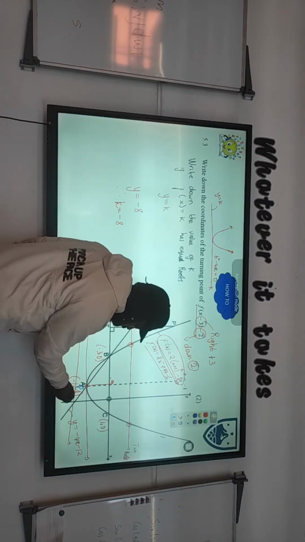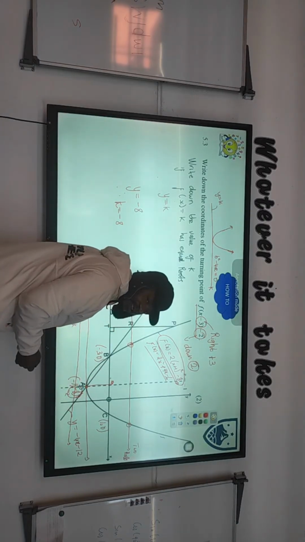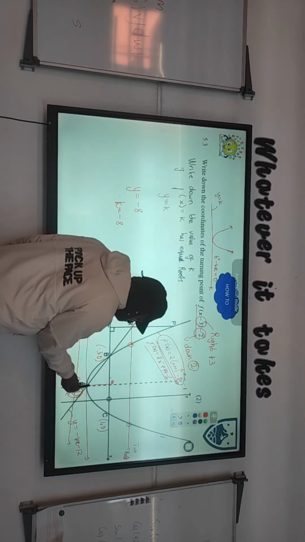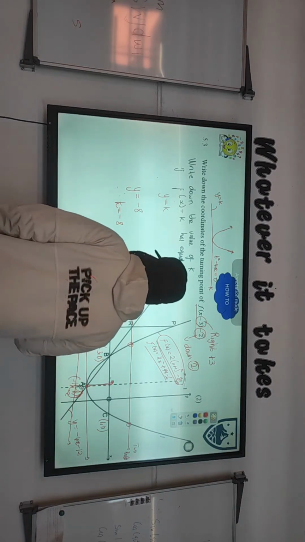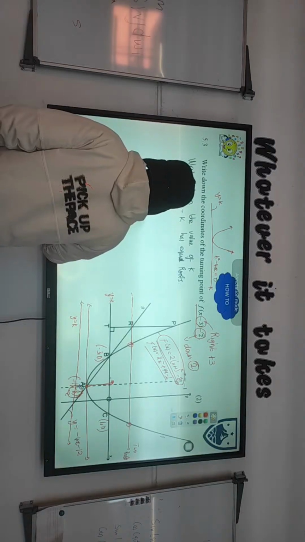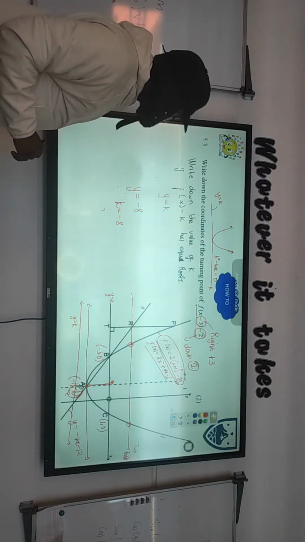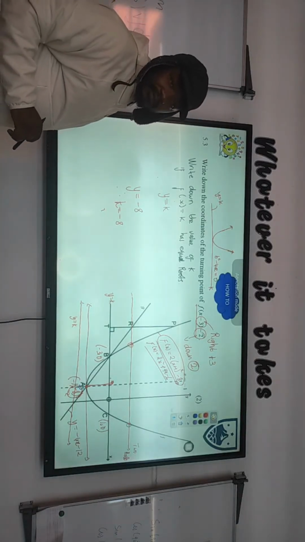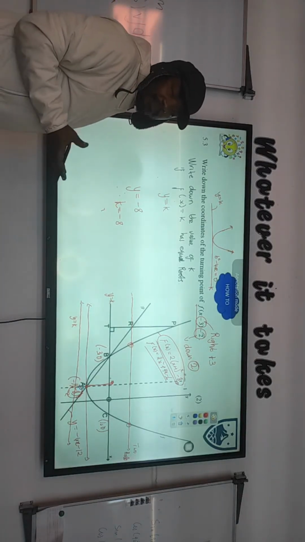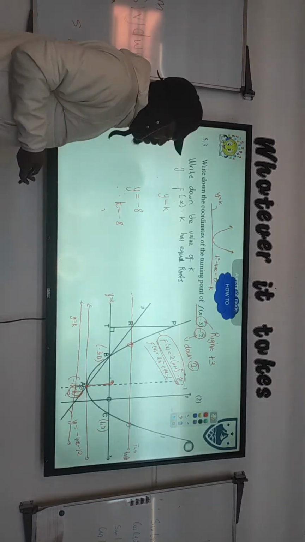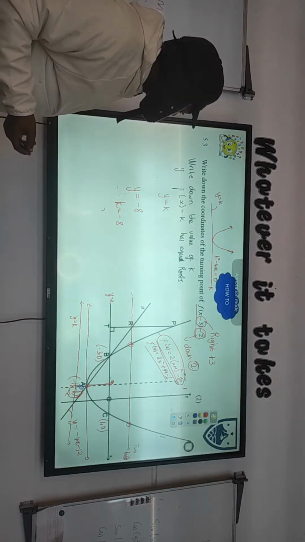By how many units? Because already it is at -8. So you need to move it up by 8 units. Hence we are going to say your k must actually be equal to -8, because it's supposed to move up by 8 units.